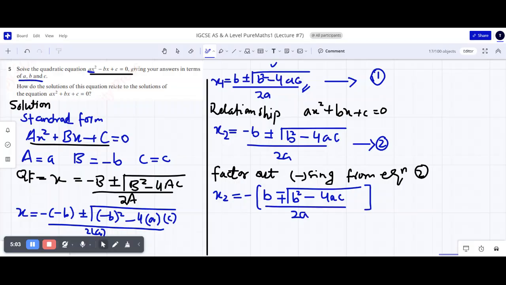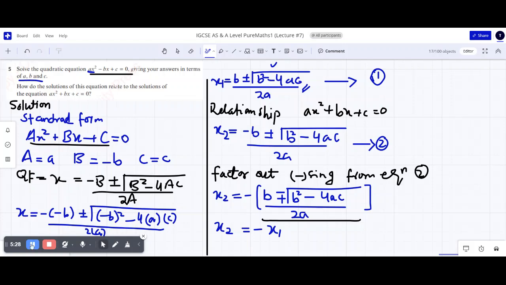As we know, minus plus or plus minus, both are the same. So we can say that x2 equals, we keep the negative sign the same, but this value is equal to equation 1, so we can replace it with x1. So these have an inverse relation.